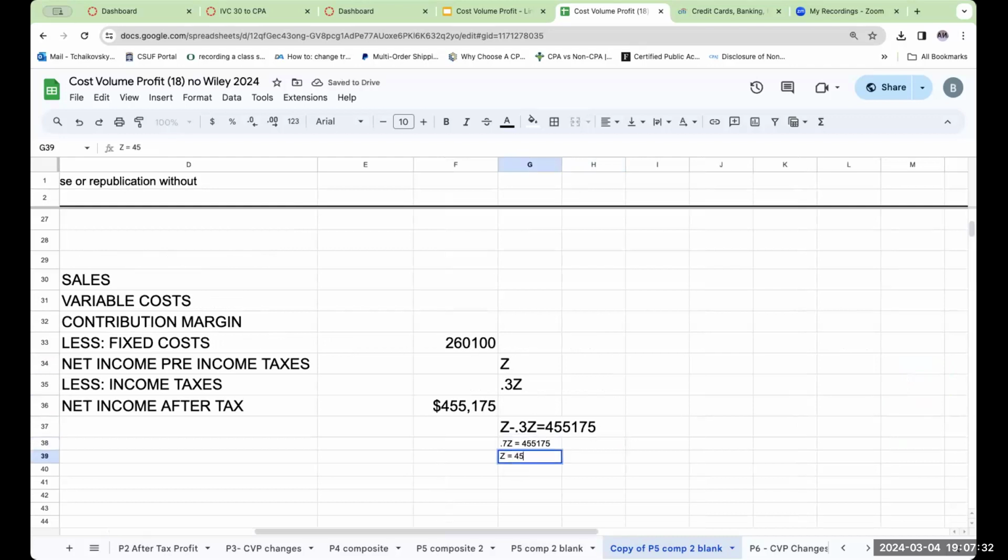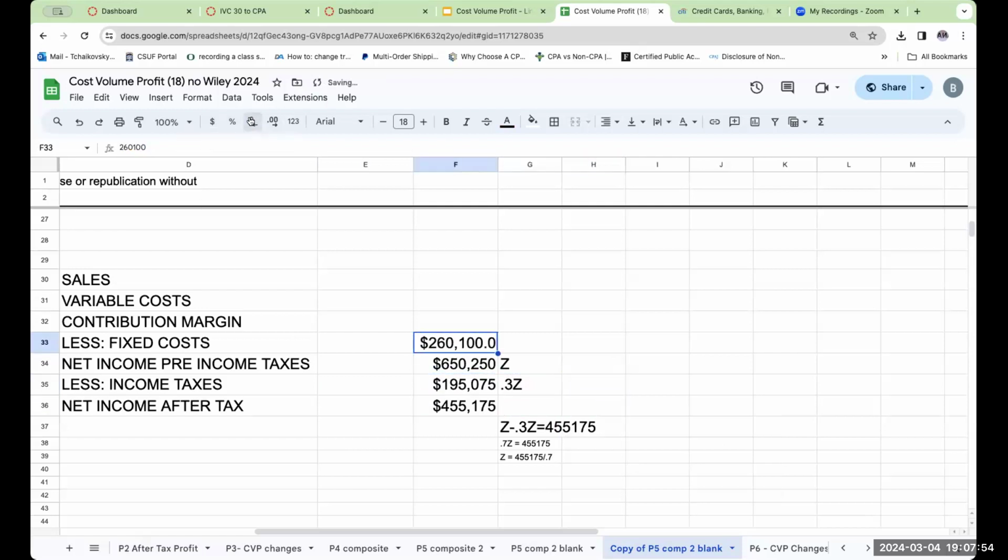Z is going to be equal to 455,175 divided by 0.7. So my net income pre-income taxes is 650,250. If I multiply this by 0.3, I get 195,075, which gets me to my net income after tax.